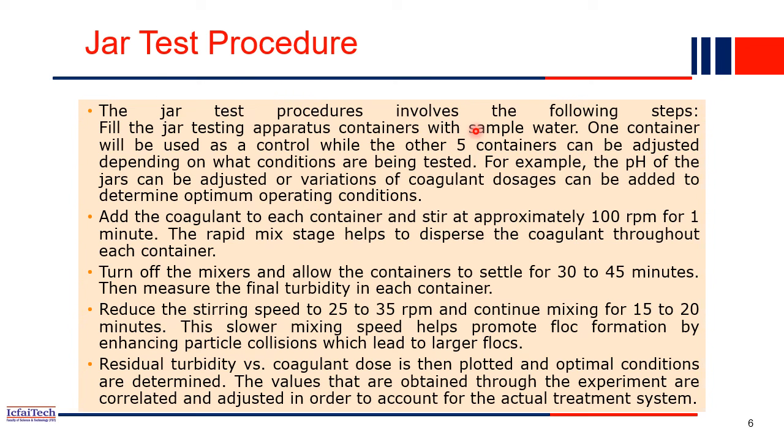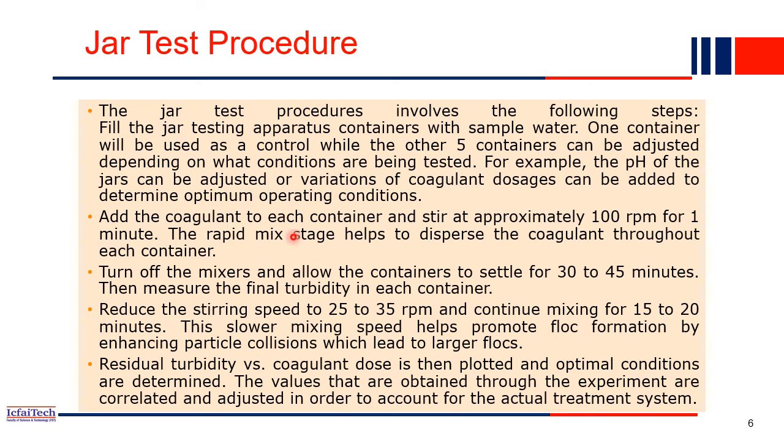In some containers we add a little coagulant, 1%, another container 2%. In some containers we add some chemicals to increase the pH value, in some we add chemicals to reduce the pH value. Some will be rotating at very high speed, some at very low speed. Like that, we can try multiple combinations.